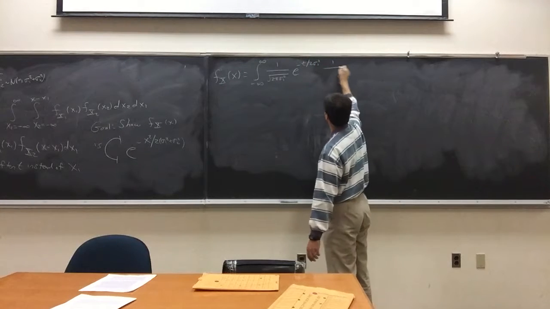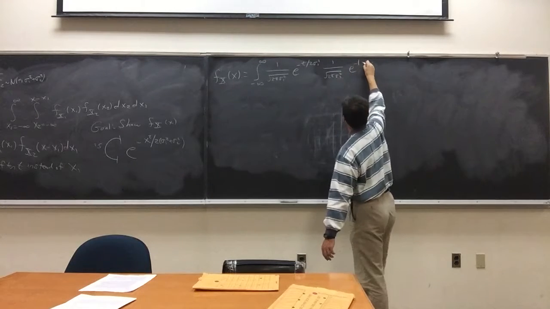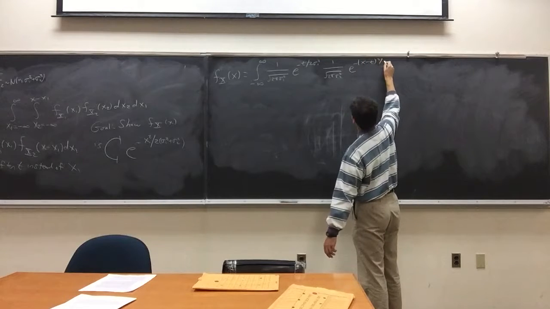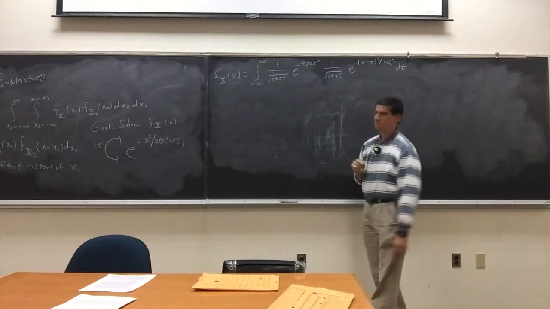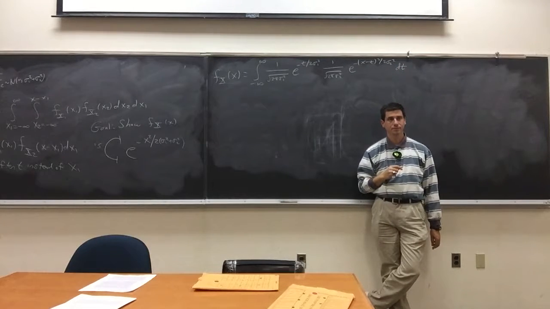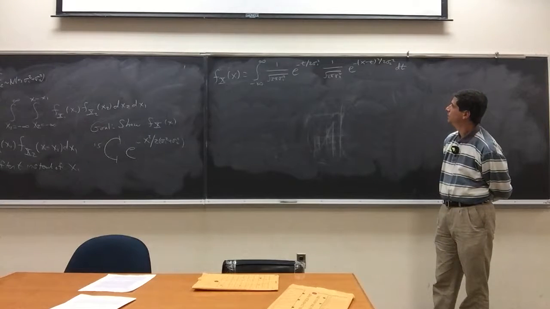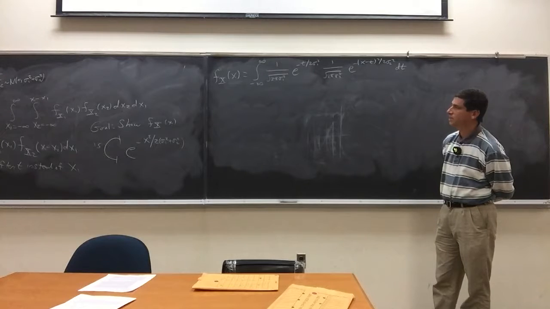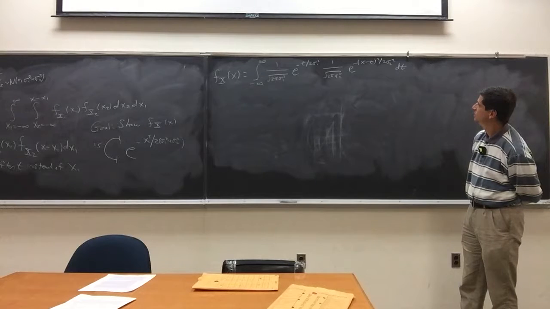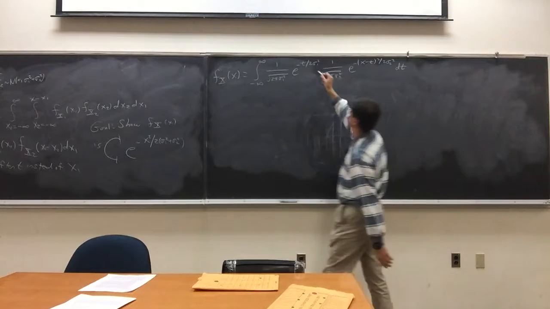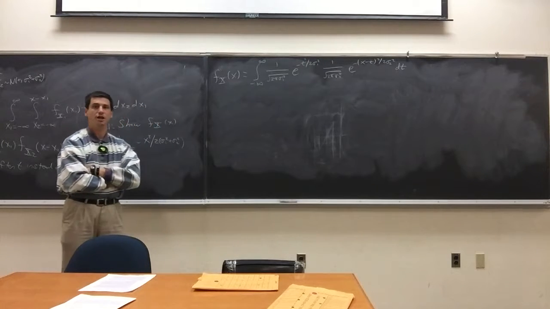And the next one is 1 over the square root of 2 pi sigma 2 squared, e to the negative x minus t squared over 2 sigma 2 squared, dt. Okay? Does everyone agree that this is what we get when we move things? No, okay, I've made an algebra mistake. Ah, yes, it should be t squared over here. Thank you. Okay. So I want to get things in terms of x.